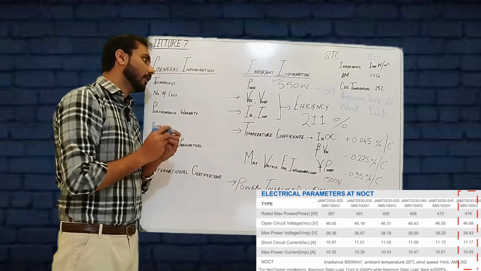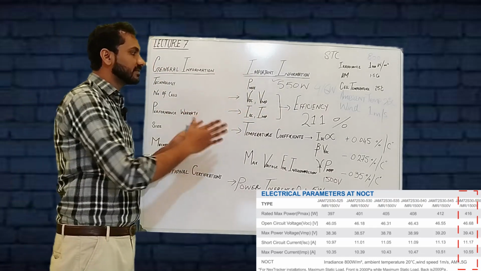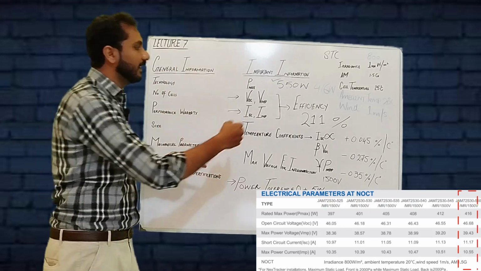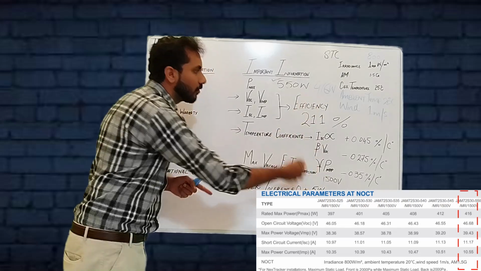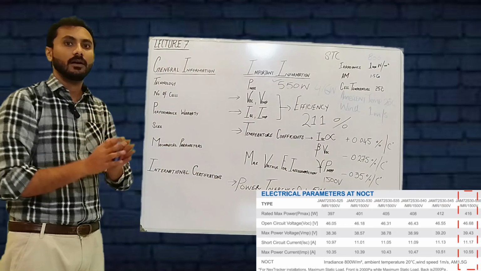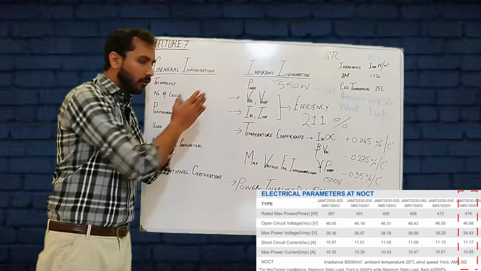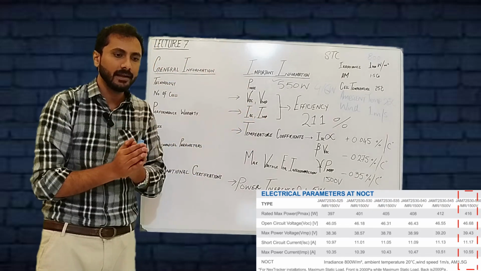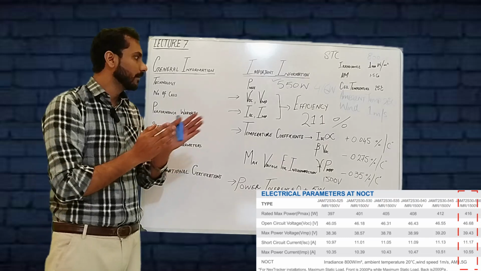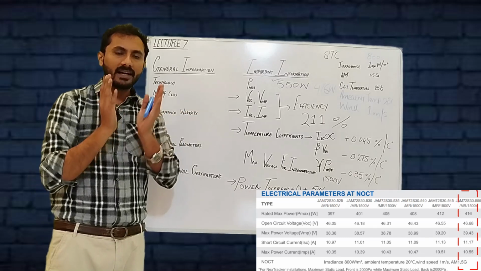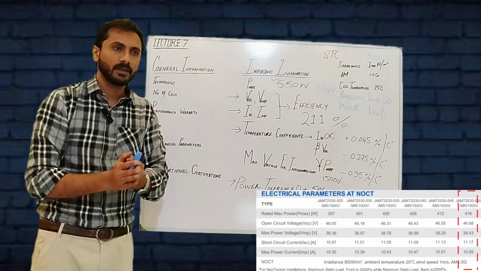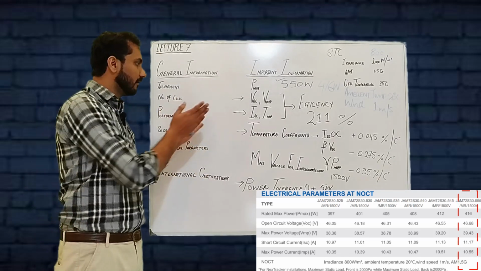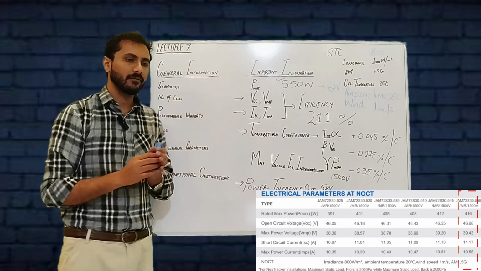Okay, you get it. Now the voltage parameters and current parameters will also change. This effect will be due to these temperature coefficients of the solar cells. Now, the VOC of this solar panel at NOCT values will be 46.68, VMP will be 39.43 volts, ISC will be 11.17, and the IMP will be 10.55.